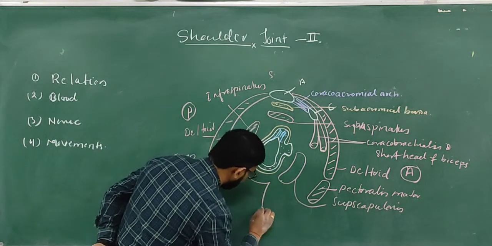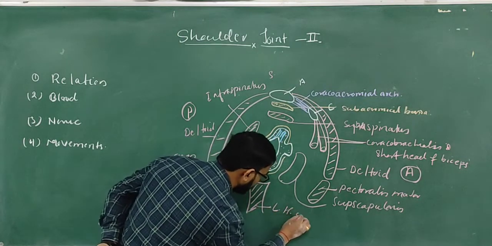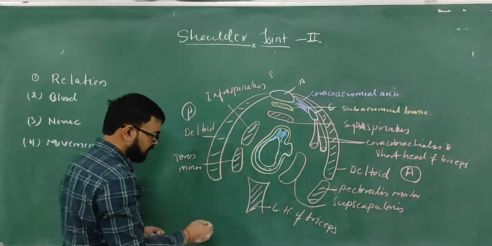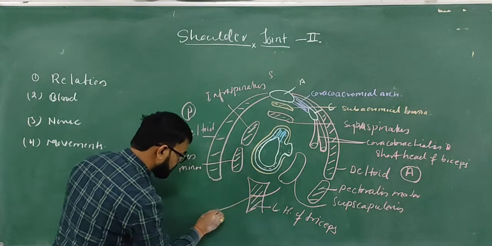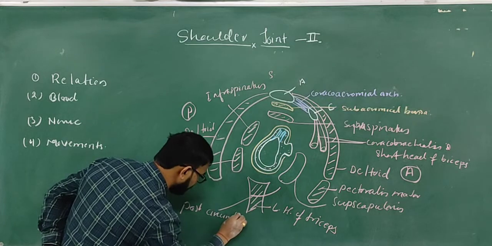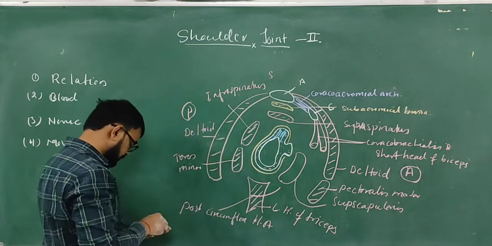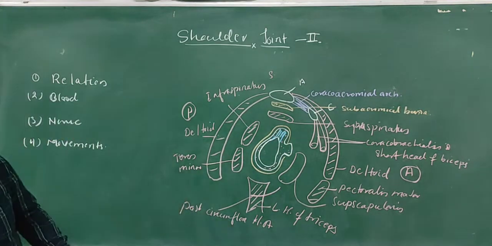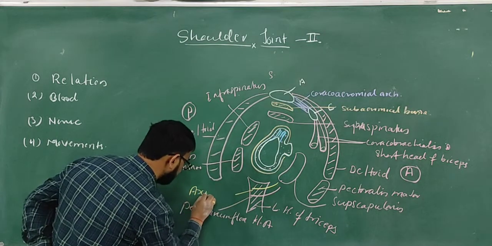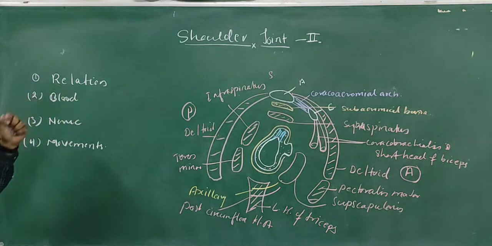Inferior relation: the long head of triceps, the posterior circumflex humeral artery, and one nerve, the axillary nerve. So these are the relations of the shoulder joint.